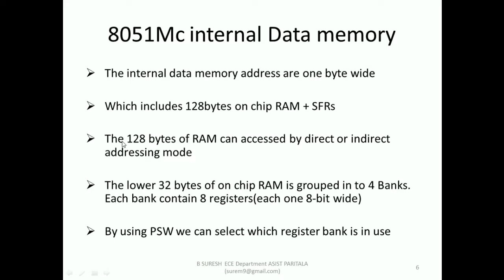In this 128 bytes of RAM, the lower 32 bytes are grouped into 4 banks, and each bank contains 8 registers, and each register is 8 bits wide. By using the program status word, we can select which register bank is in use, that is, which register bank is being accessed by the 8051 microcontroller.